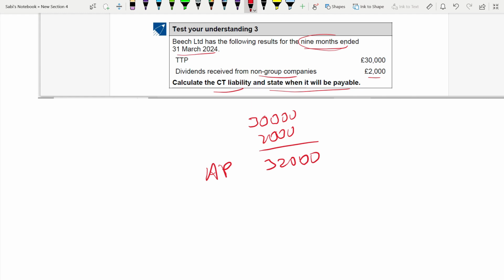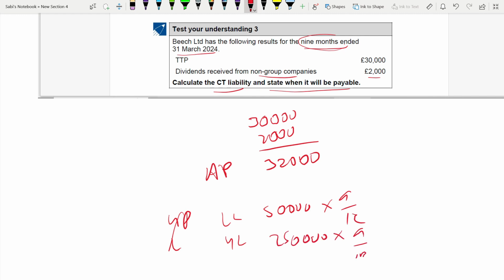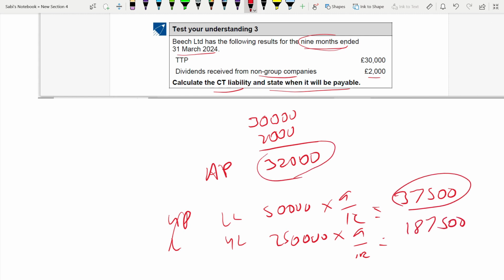So the lower limit, 50,000, you have to take for 9 months. The upper limit, 250,000, you have to take for 9 months, which is 37,500 and 187,500. This one is less than the lower limit also. So you will not get marginal relief.